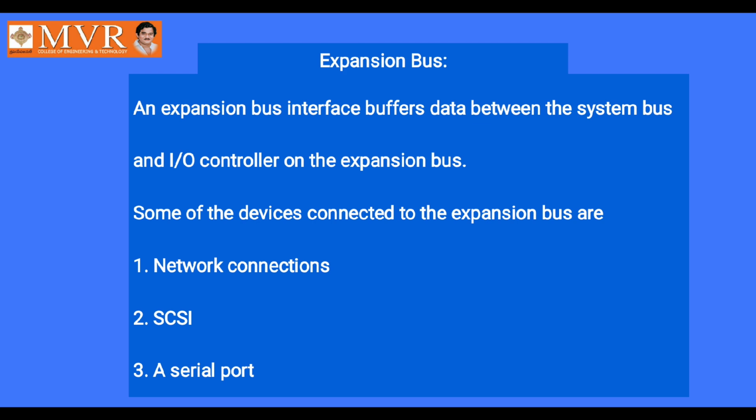And the third one is a serial port. Why a serial port? I told you, communication can be between two parallel devices, two serial devices, and also between a parallel and a serial device. Here your CPU is a parallel device, whereas your printer or your scanner is a serial device.